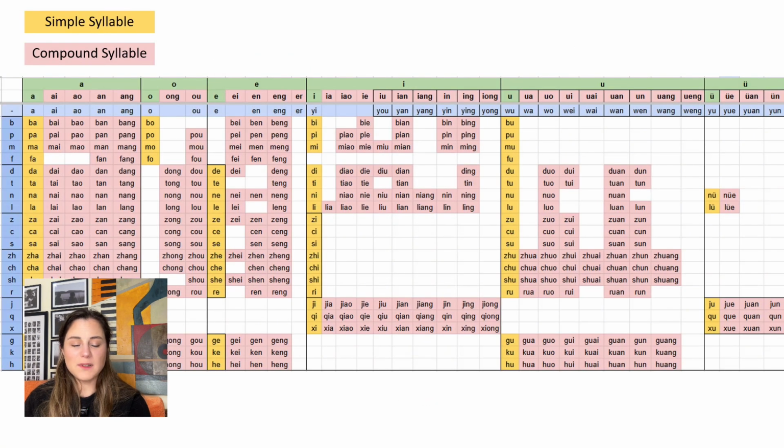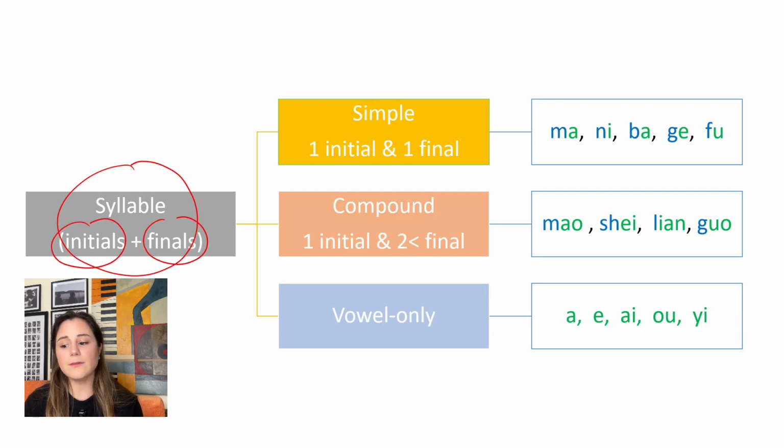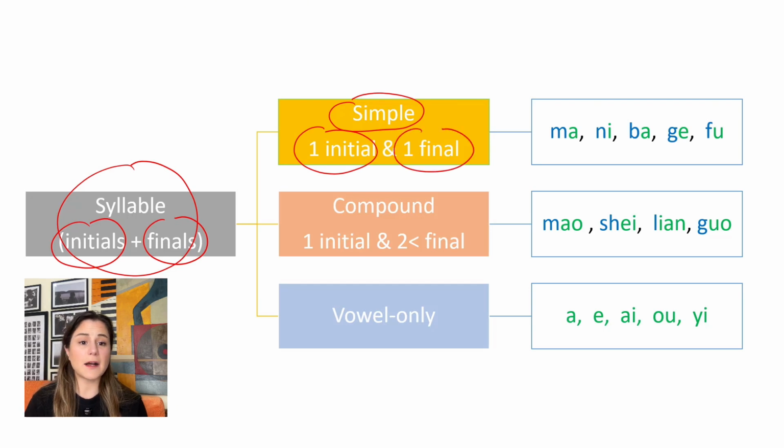Before I move to this complex table, let me wrap up what we have done so far. In order to read a Chinese character, each Chinese character is pronounced with a syllable. And a syllable is created by an initial and a final. We can have a simple syllable, which is created by only one initial and only one final. For example, m, a, ma, n, i, ni, b, a, ba, g, e, ge, f, u, fu, right?